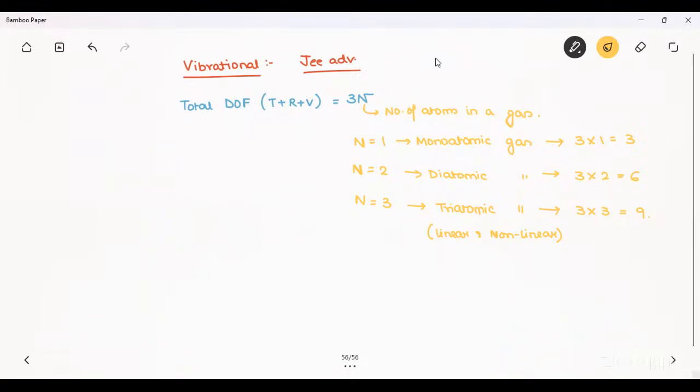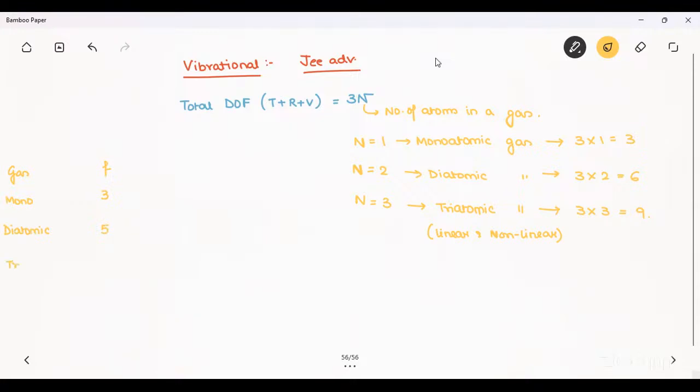Okay. So if you see the chart, I'm writing this chart here only. Gas, and the value of F or the degrees of freedom. For monoatomic gas, it was 3. For diatomic gas, it was 5.